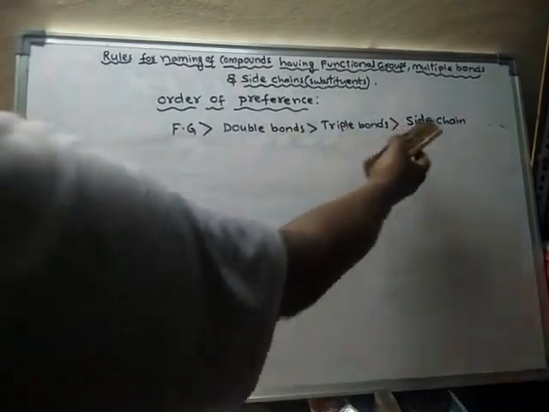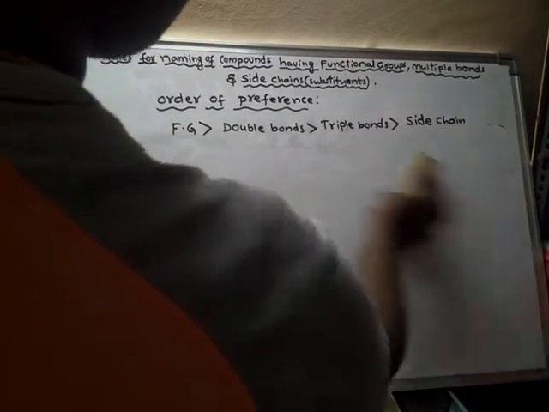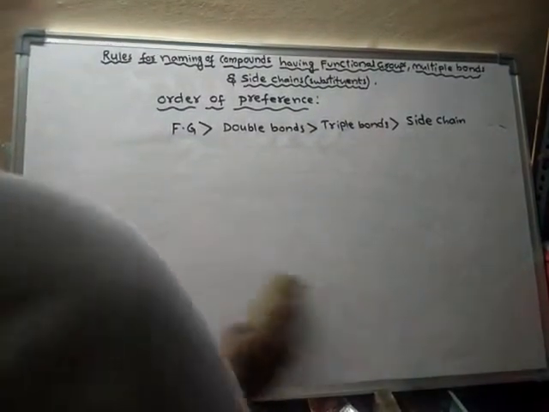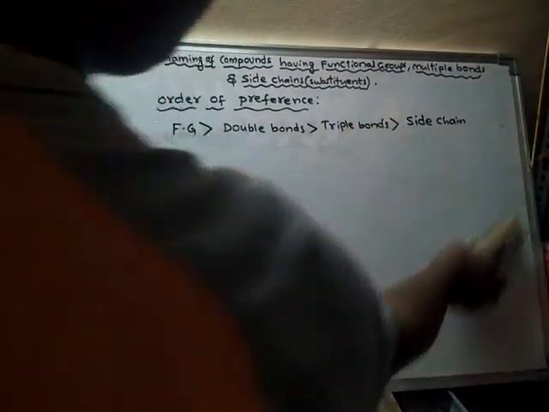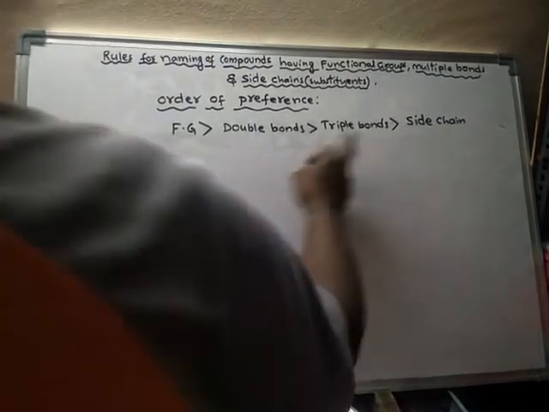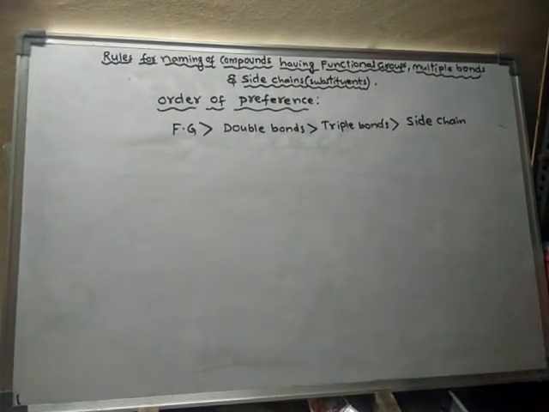When double bonds and side chains are present, we have to look into the lowest sum rule. Don't forget the lowest locant rule. When double bonds and side chains are present, we compulsorily have to look into the lowest locant rule.